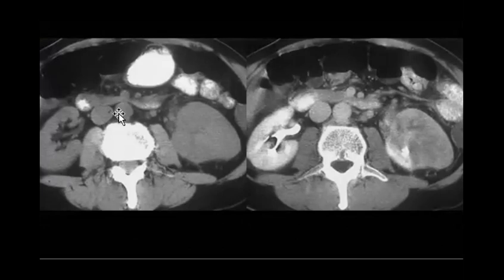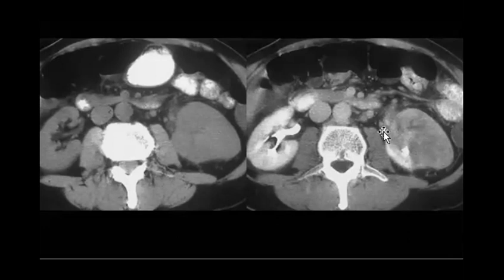And as you see, this is non-contrast, and this one is post-contrast, and you can see also the calyceal excretion. So there is a mass here. So what is this sign called? Okay, yeah, faceless or ghost kidney.